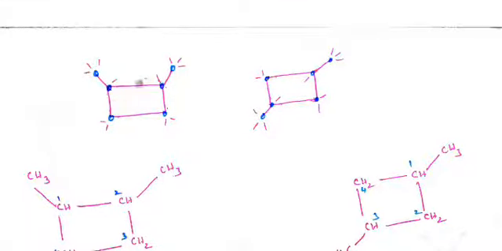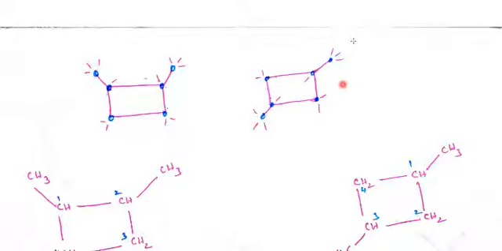First you draw the structure as in the question and mark the carbons 1, 2, 3, 4, 5, 6. When you choose this carbon, it is linked with only one bond, so 4 minus 1 bond, 3 hydrogens. This carbon is linked by 3 bonds, so 4 minus 3, only 1 hydrogen.